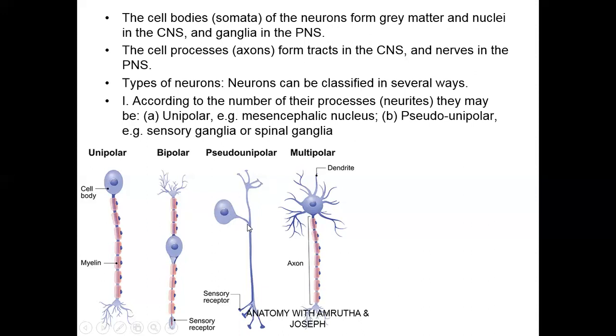Of the two processes, one goes to the central nervous system, called the central process, and the other is called the peripheral process. So the single process gives rise to two processes: the central process and the peripheral process.